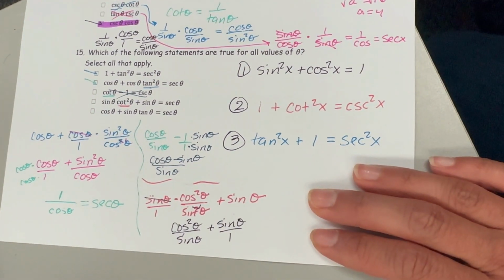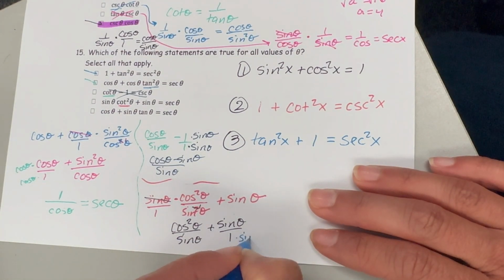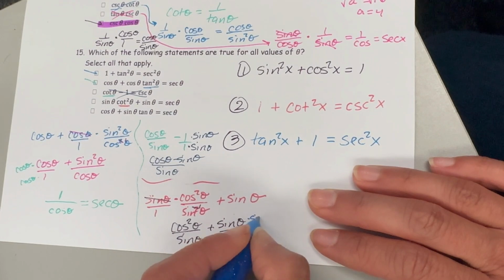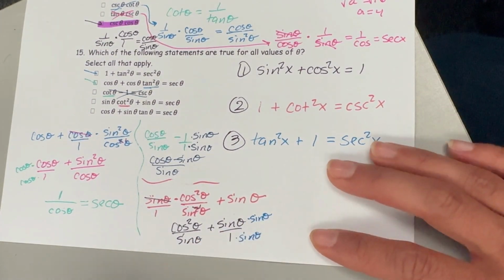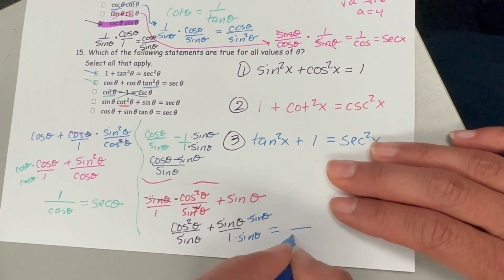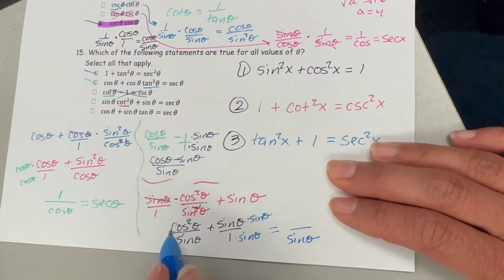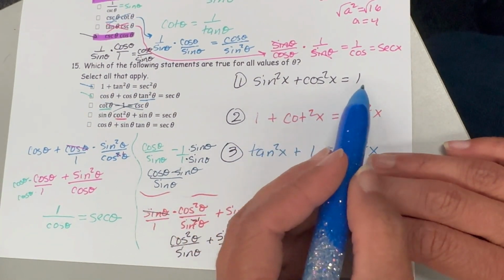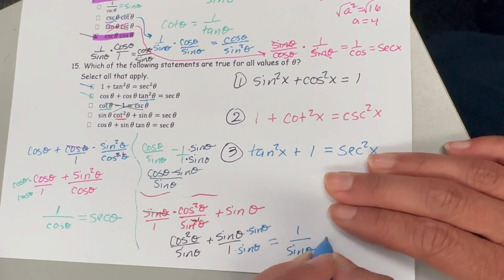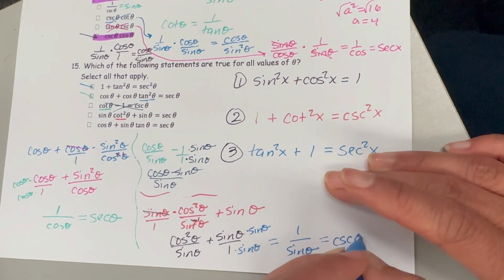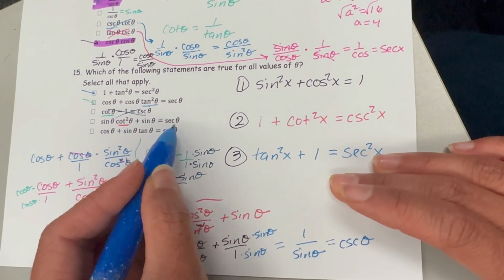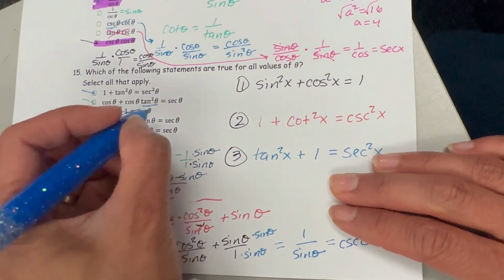Put that over 1. Need to get a common denominator, so we've got to multiply bottom and top by sine. In the top, sine times sine is sine squared. So the common denominator is sine, and cosine squared plus sine squared is the big kahuna, equals 1. 1 over sine is cosecant of theta. Oh, it doesn't equal secant, it equals cosecant.